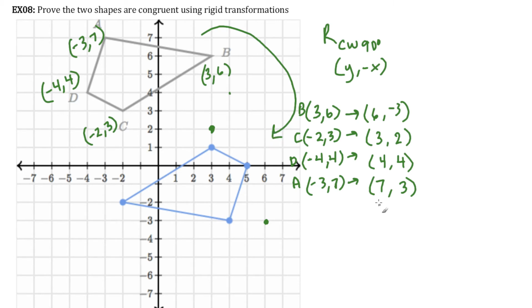Well, let's just see what happens when I put them all down. So 7, 3, 1, 2, 3. Oh, okay, I get it now. So right now, as you can tell, I turned it some, but it needs to be turned more.